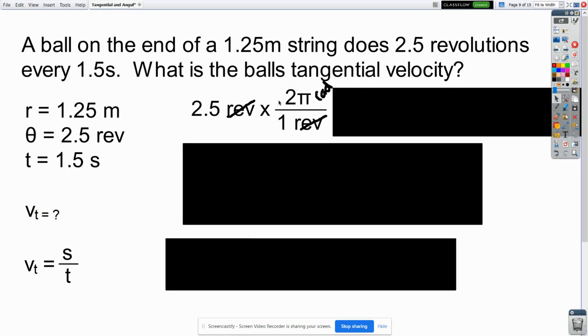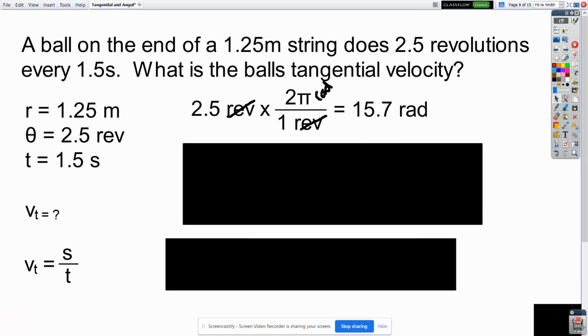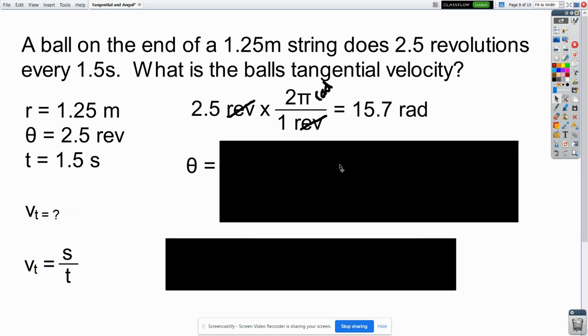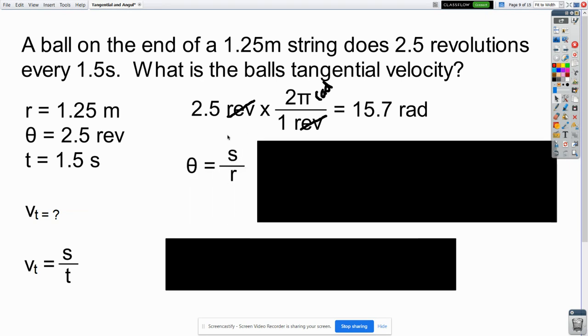We can ignore the 1, so it's just 2.5 times 2 pi, not just 2, divided by 1. And that's 15.7 radians. Once we have the radians, we can use the angular displacement equation to figure out what the arc length is.